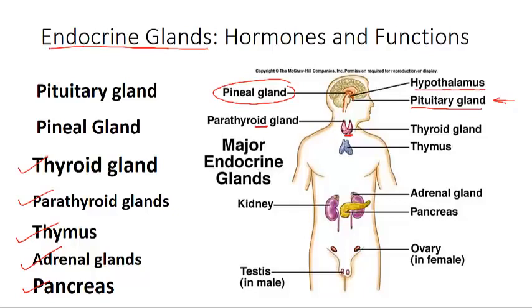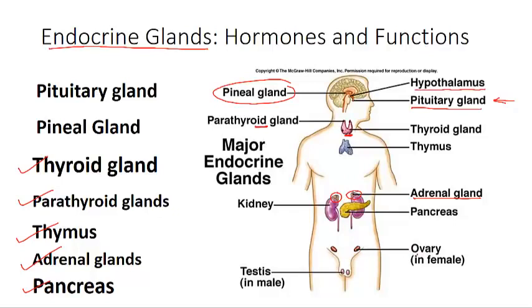The adrenal glands are present on top of the kidney, attached to the structure of the kidney. The pancreas is present at almost the same level as the kidney, and in the front it is linked with the stomach and the duodenum of our intestine.